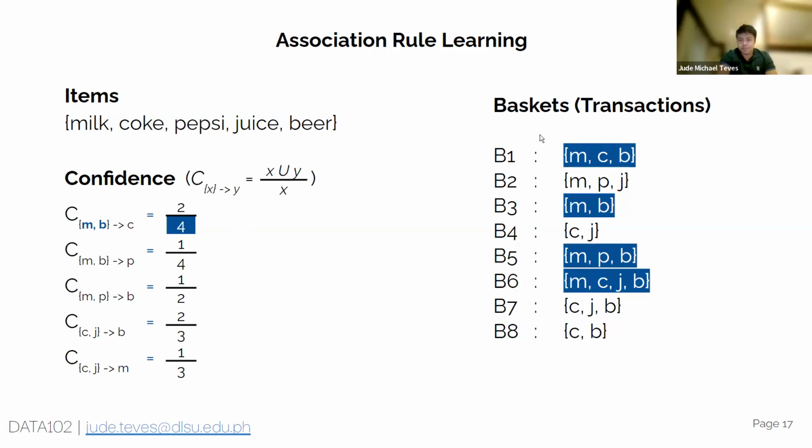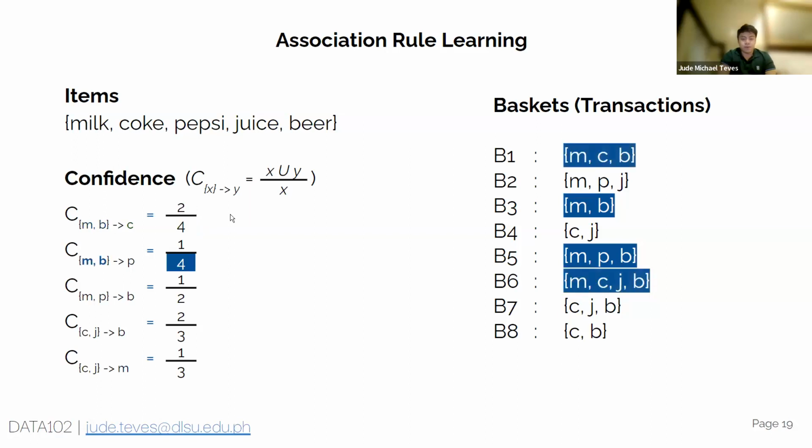Item sets MB. So you can see that there are 4 baskets containing them. So the denominator would be 4. Now let's compute MB implies C. The transactions or baskets containing M, B, and C would be B1 and B6. So 2. So we have a numerator of 2, then denominator of 4. So that's 2 over 4 or 1/2 or 0.5.